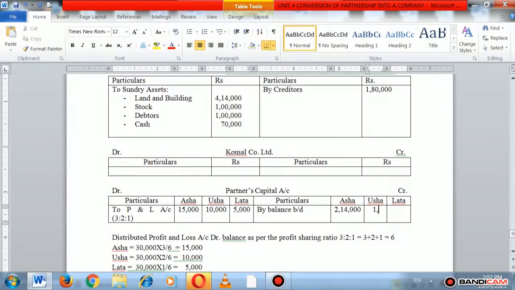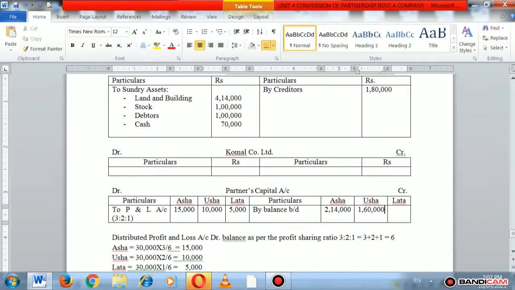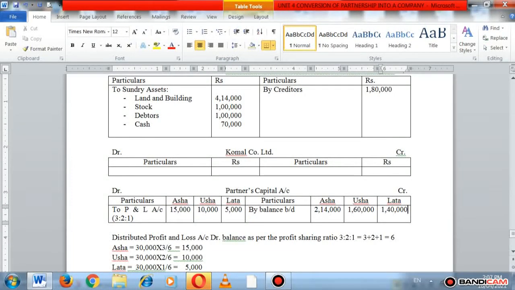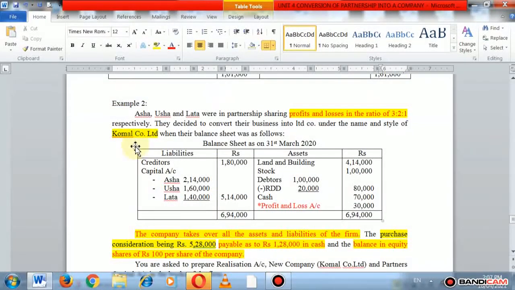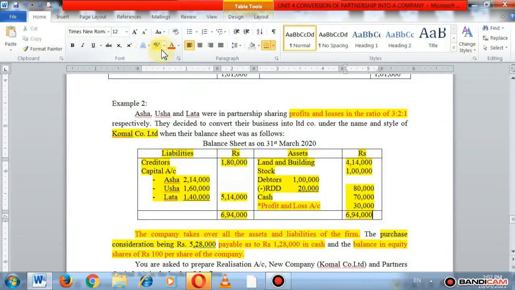Then 1,60,000 is the capital of Usha, and 1,40,000 is the capital of Lata. Okay, so we transfer the asset side. Now we read the additional information. We transfer all the balance sheet to realization account and to partners capital account.